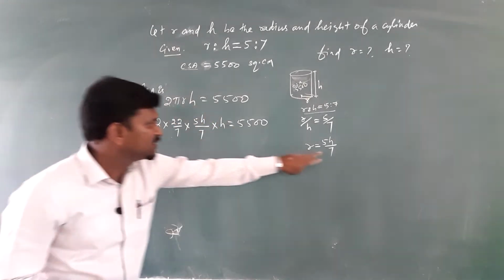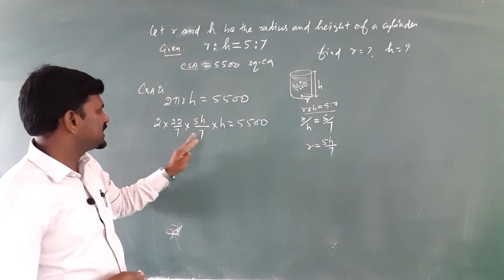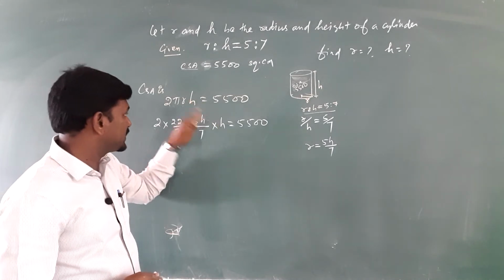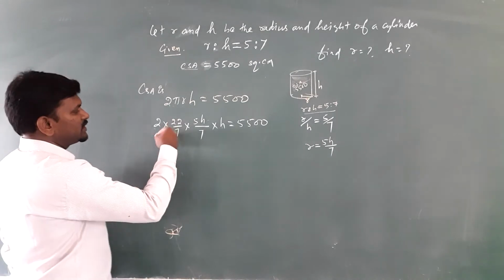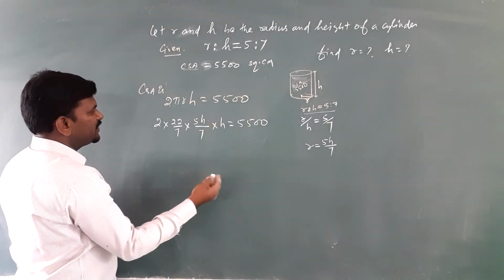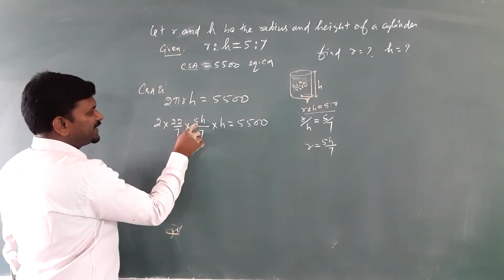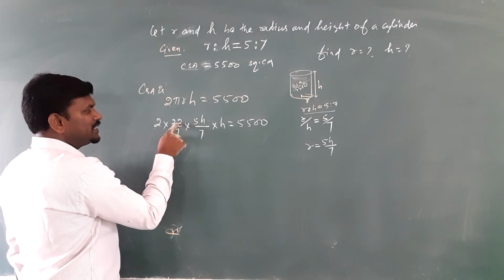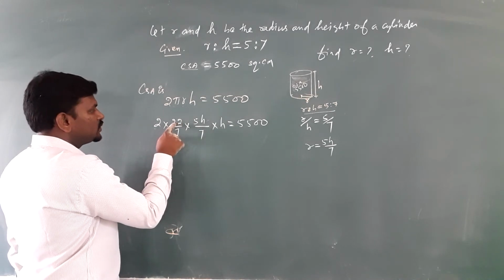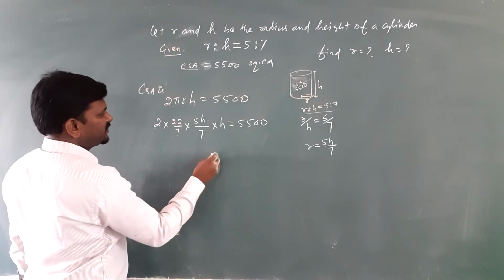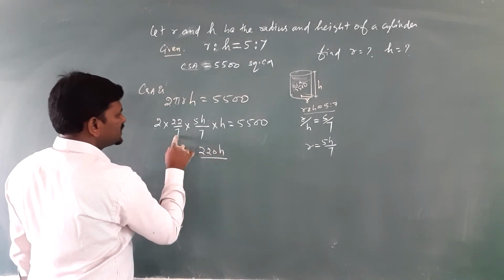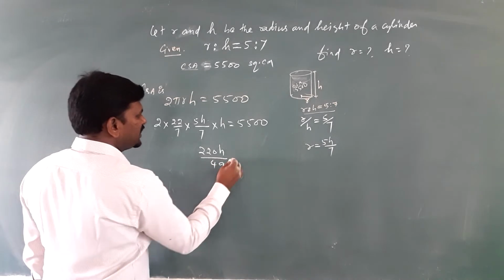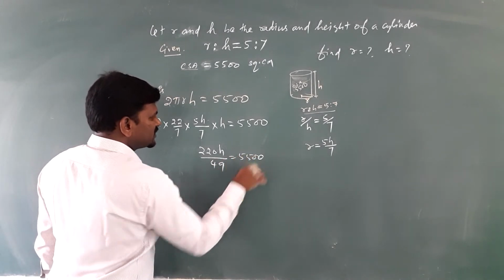We found R as 5H by 7, and H as it is. Now is there anything to simplify? 2 5s are 10, 10 into 22 is 220. So 220 H by 7 7s are 49 is equal to 5500.